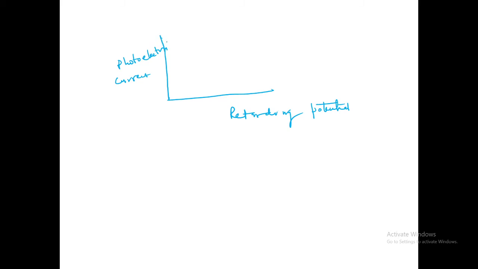So the situation will be like this. This is the y-axis, so the situation will be like this.